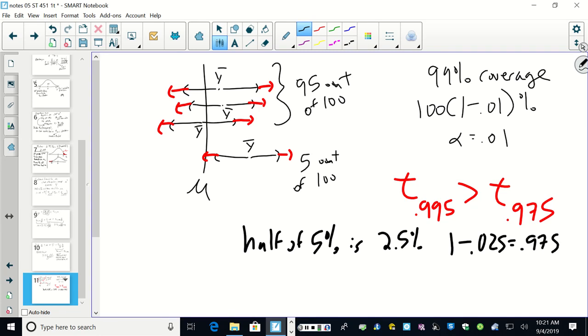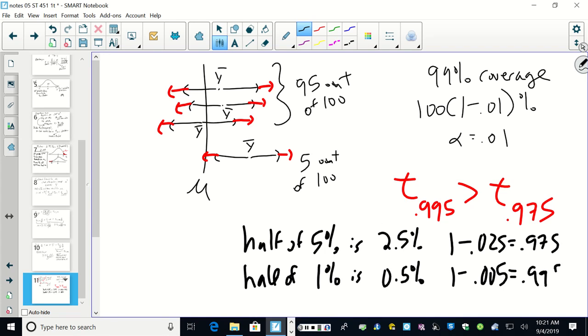But if you want a cutoff that has more below it, that's further out, right, half of 1% is 0.5%, and 1 minus 0.005 is that 0.995 value, so it's further out. Right?